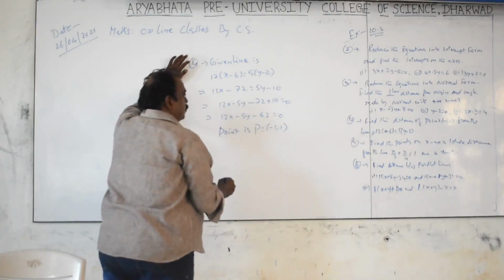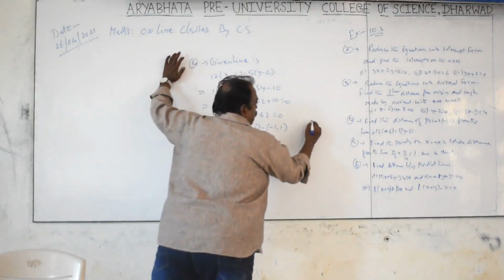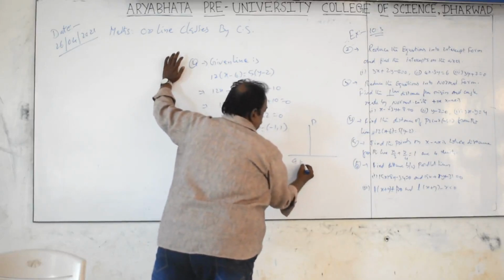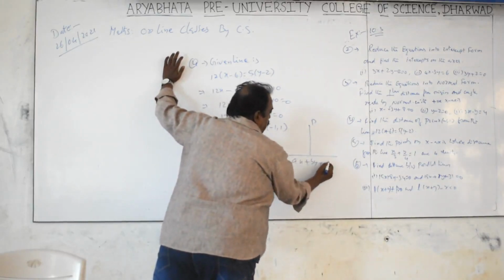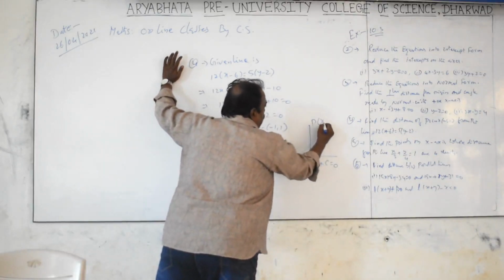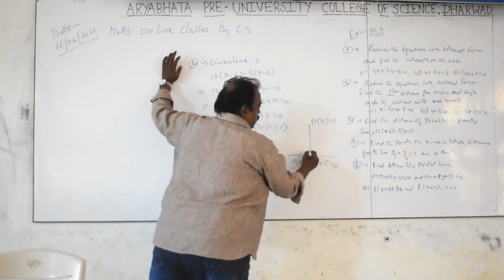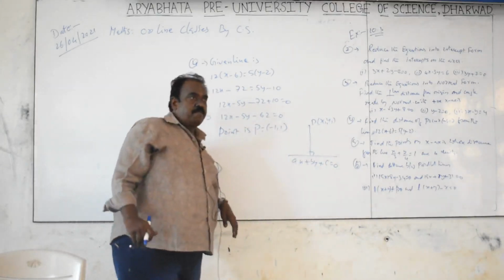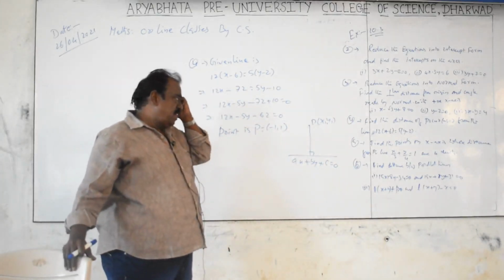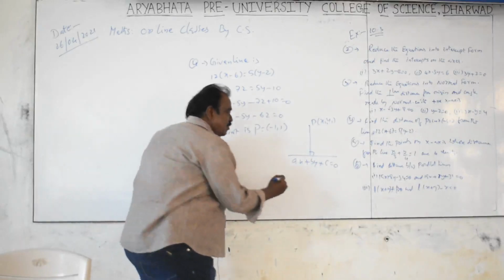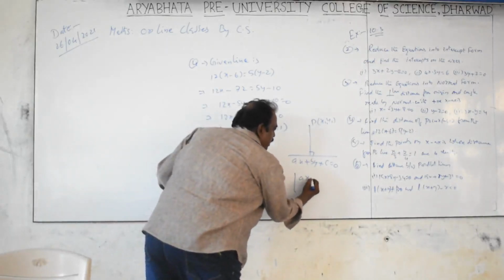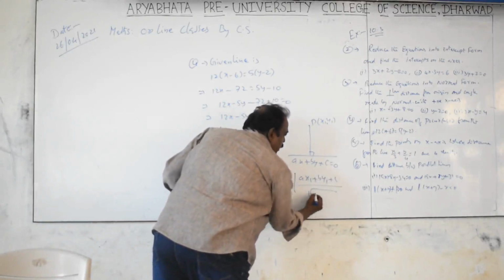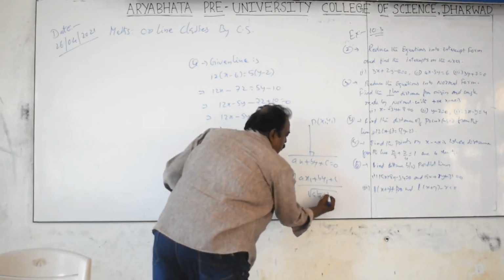I have to find the perpendicular distance. The line is ax plus by plus c is equal to 0, and the point is x1 comma y1. You remember the formula: the perpendicular distance from a given point to a given line is modulus of ax1 plus by1 plus c, divided by root of a square plus b square.